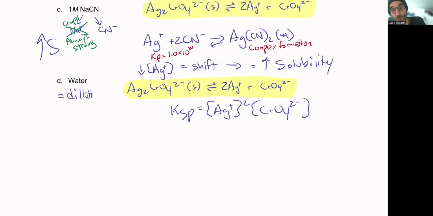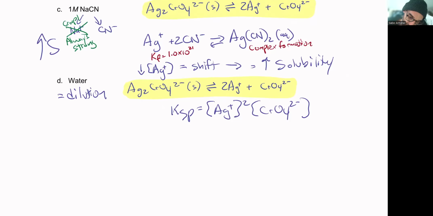You're going to have a dilution. So the concentrations are going to change, and you have to think about how concentrations change. Water is never in the equilibrium. What happens is it changes the concentrations.